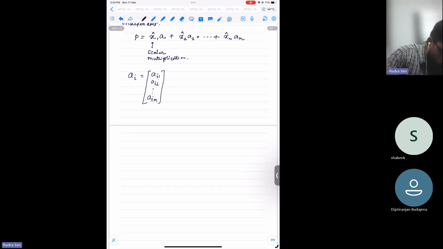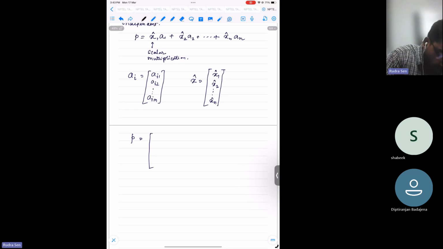So if we write it in a matrix vector format, and let's say x hat consists of x1 hat, x2 hat up to xn hat.